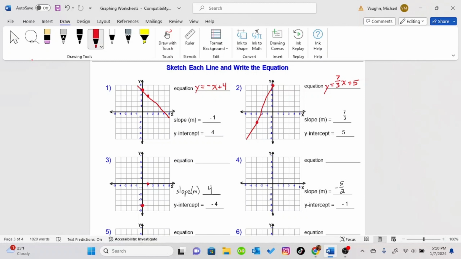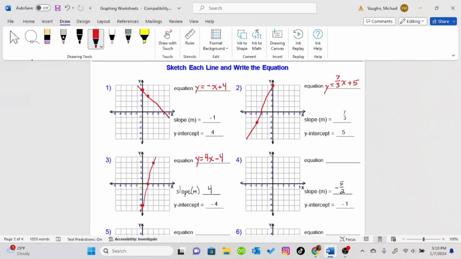Up 4, right 1, and put the next point. So now you can draw the line connecting these points, and you have your graph, and the equation is y equals the slope, x, and then the y-intercept, -4.